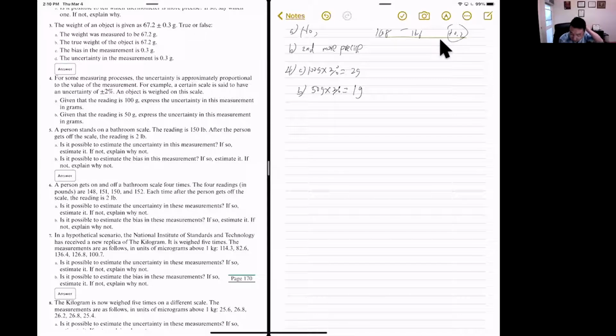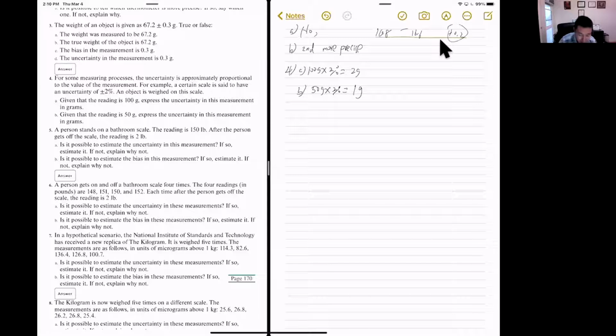Each time after the person gets off the scale, the reading is 2 pounds. When he gets off the scale, the reading should be 0 pounds, but the scale shows 2 pounds. That means the scale needs to be recalibrated.